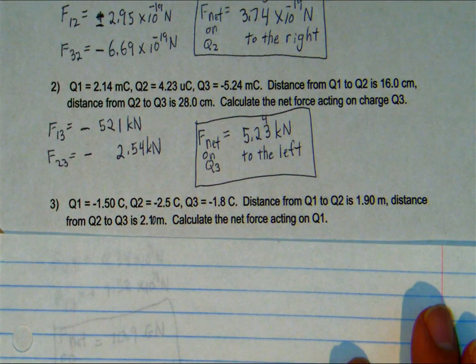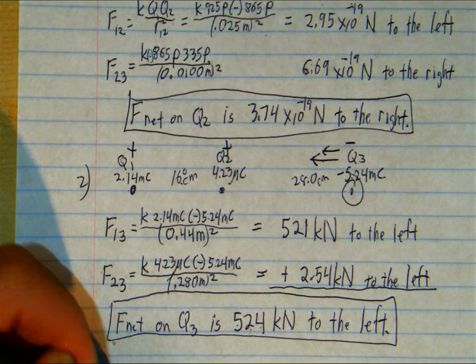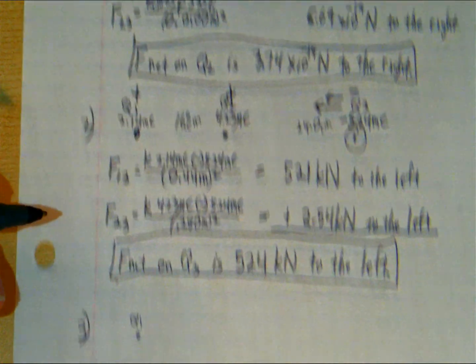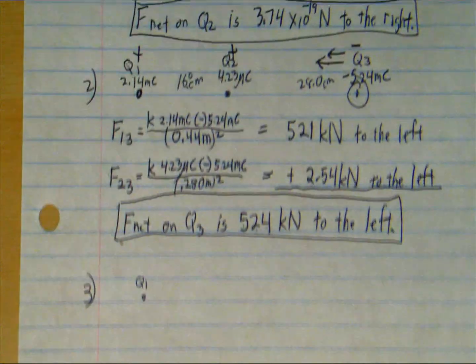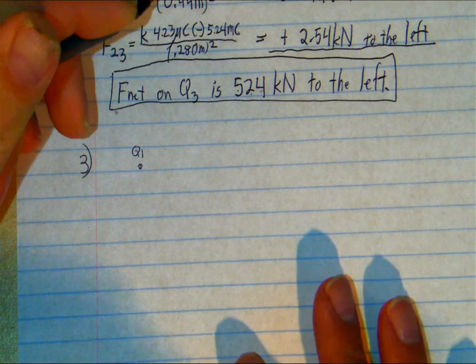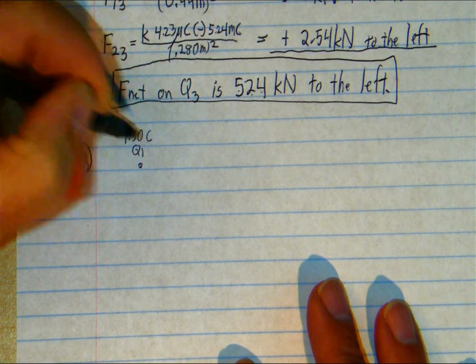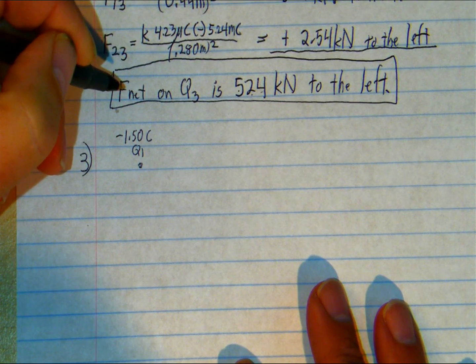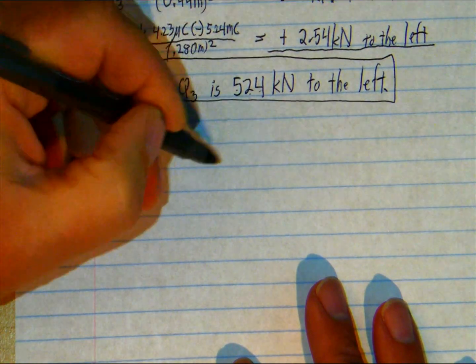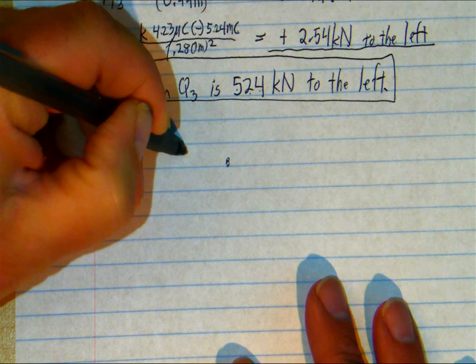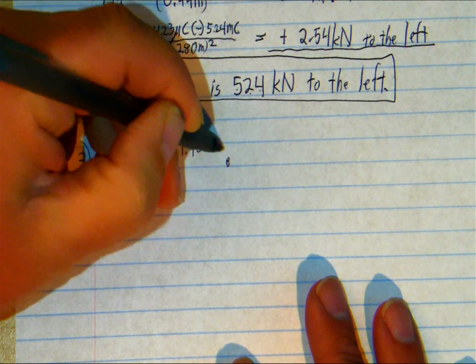Find the net force on the left guy. As always, it really helps if you do a sketch and label what's going on as you look at your sketch. So Q1 is negative 1.50 coulombs. Then I go a distance of 1.9 meters to get to Q2.